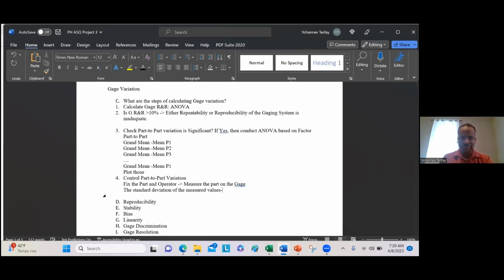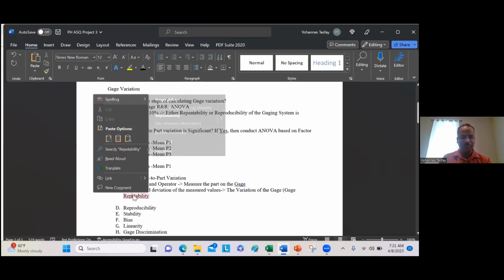This becomes the variation of the gauge, or gauge repeatability. This is the concept. So these are the steps.